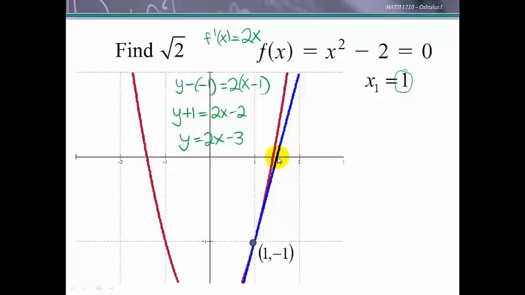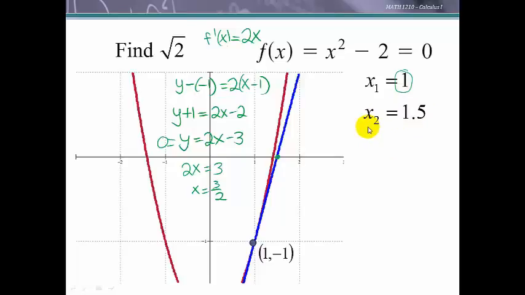How do I find the place where this crosses the x-axis? It's where the y value equals 0. So I could solve this and have 2x equal 3, x equals 3/2. So our new value here, our x2, which is the x-intercept of this tangent, is going to be 3/2 or 1.5.